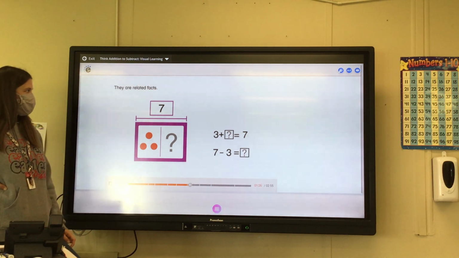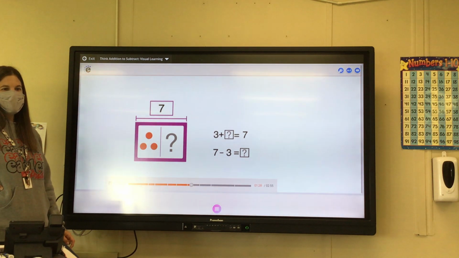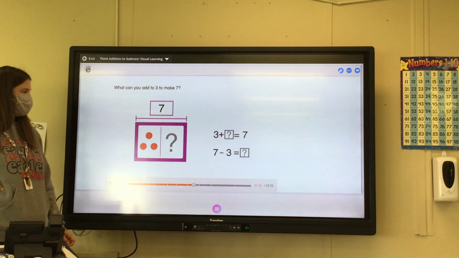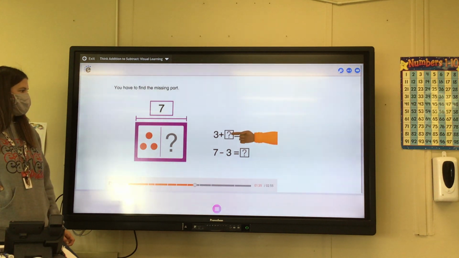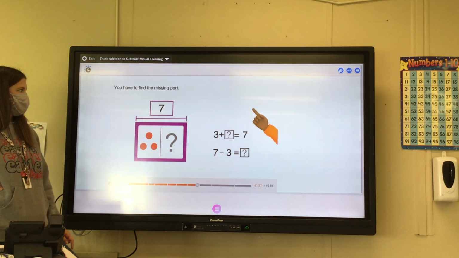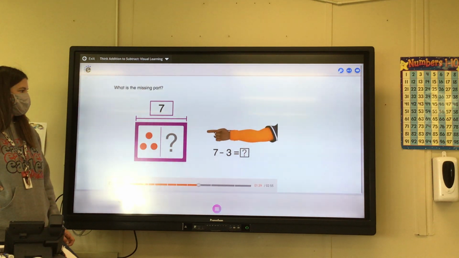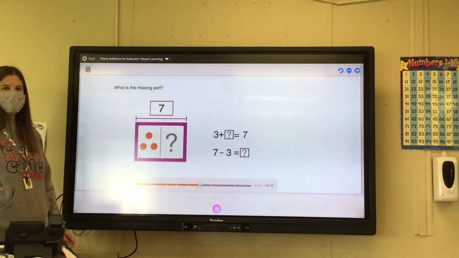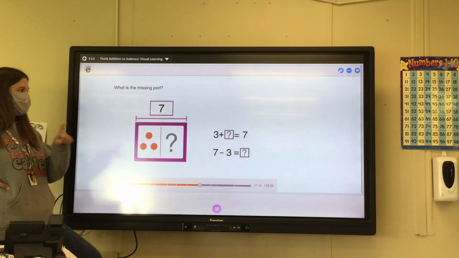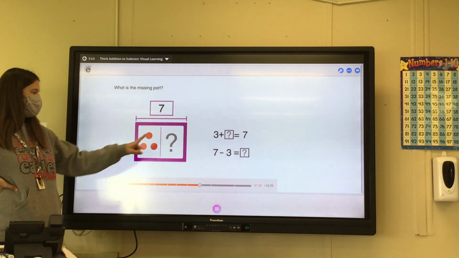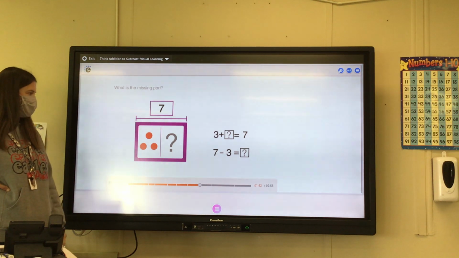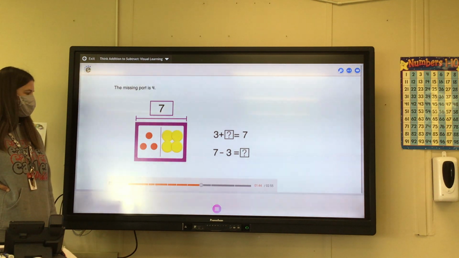They are related facts. What can you add to 3 to make 7? You have to find the missing part. What is the missing part? Anna, I heard her first. She said 4. The missing part is 4.